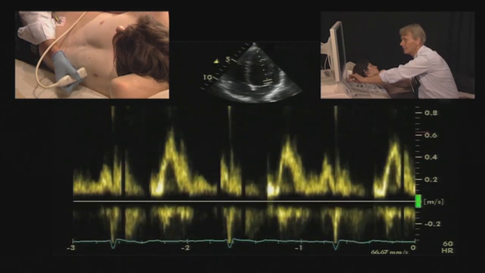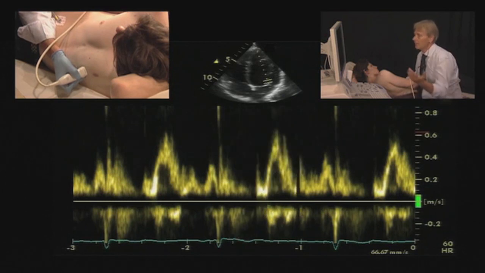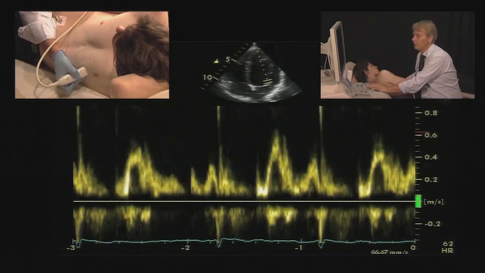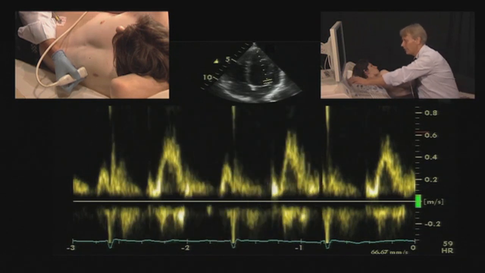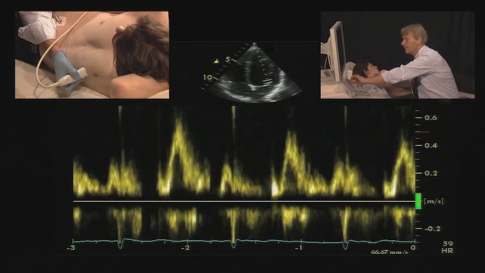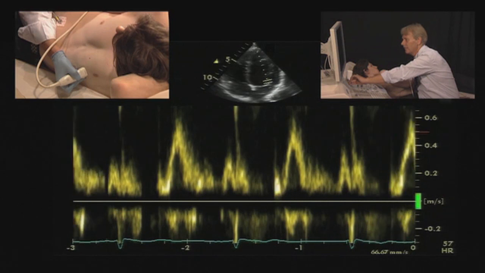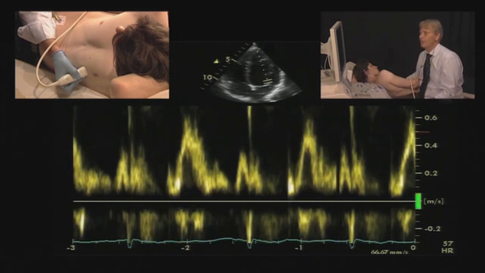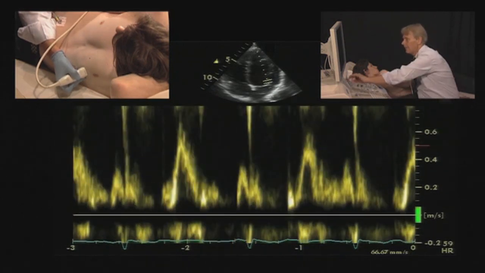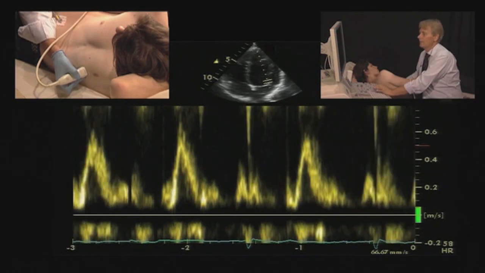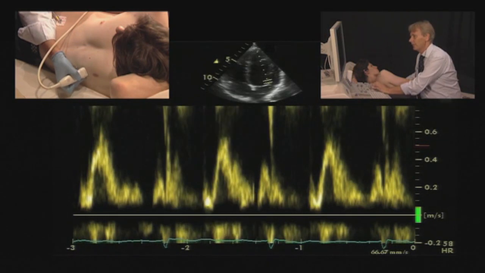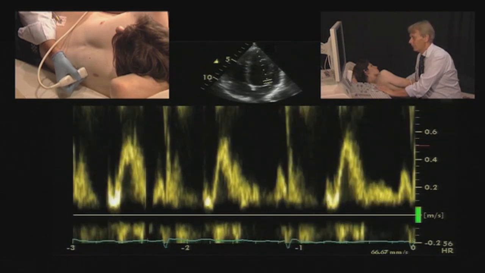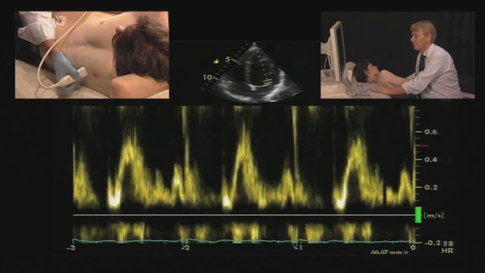I would always want to see at least some information below the zero line, between the baseline, and then also optimize the velocity so that you get the entire spectrum, but nevertheless that you do not have unimportant information on the spectrum. So the location of the sample volume you can control.